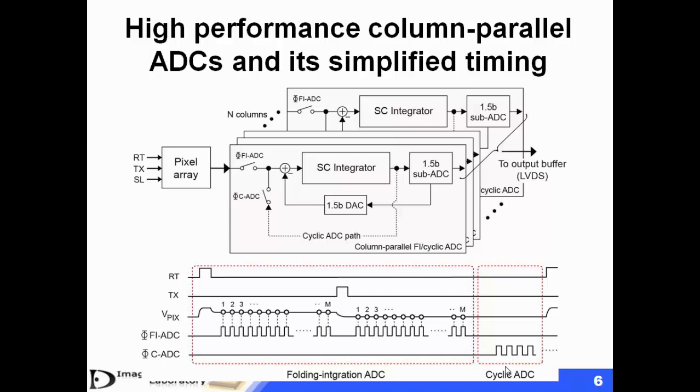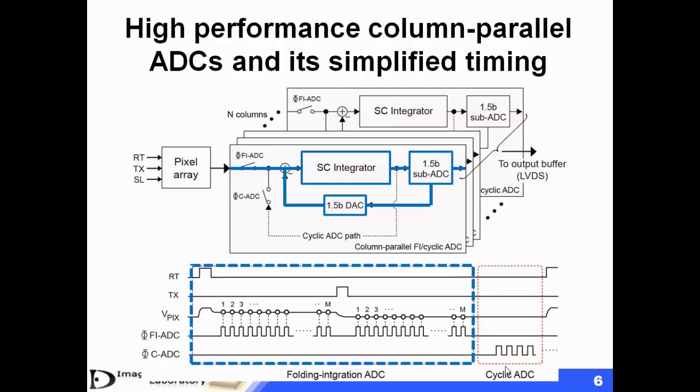One is the folding integration ADC mode, and the other is the cyclic ADC mode. The blue line is the folding integration mode. In this mode, by multiple sampling techniques, we can improve the SNR of the sensor.